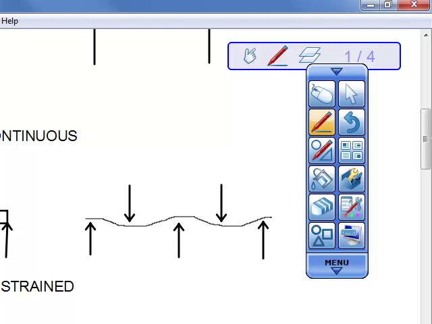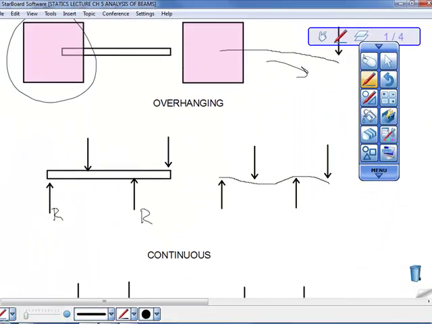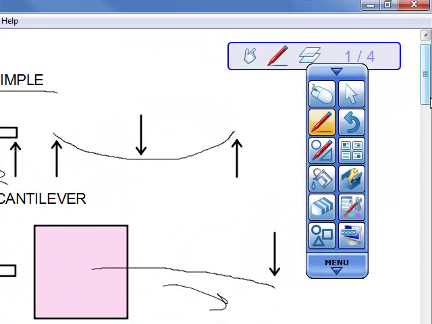Loads on beams can be classified as concentrated or distributed. Concentrated loads are like these shown here with the arrows, or the simple beam up here. It's a concentrated load. In real life, a concentrated load would be, let's see, where a column may rest on the foundation.